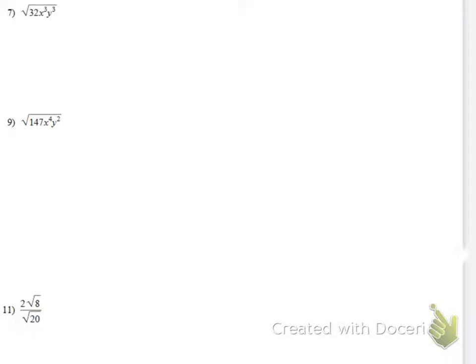All right. 7. 32 x cubed y cubed. So 32 is going to be equal to 8 times 4. And what I would recommend doing is doing the numbers first, then go to the variables. 8 and 4 can both be broken down.